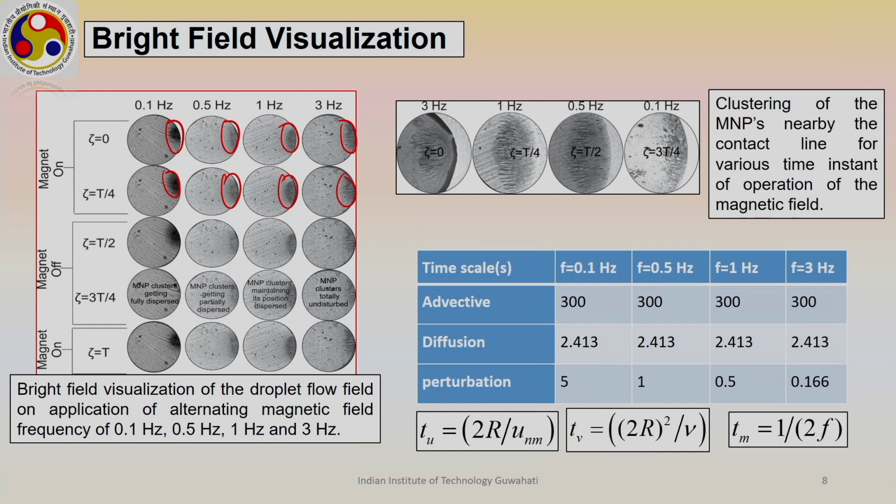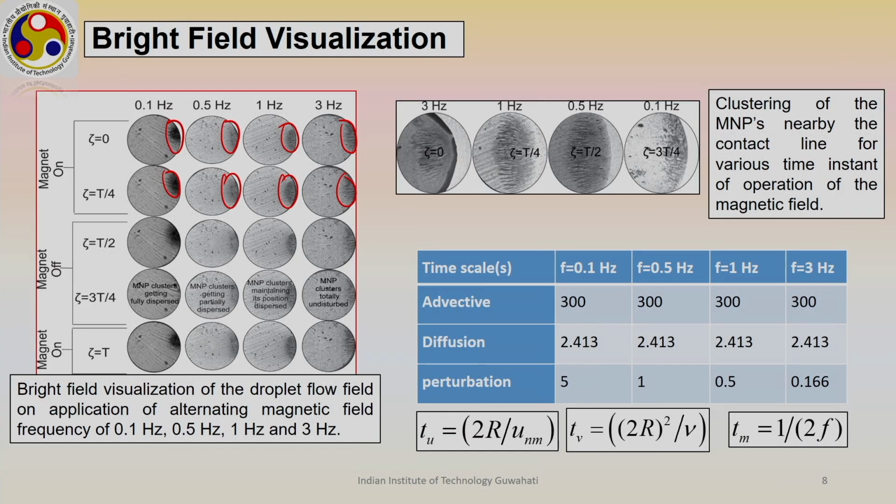What will happen? The particles which were deposited at the periphery of the droplet closer to the magnetic core, when the magnet is off, will now be dispersed, and that is clearly seen from the figure which I have obtained at 3T by 4. If we look at 0.1 and 0.5 hertz, the droplets are almost dispersed.